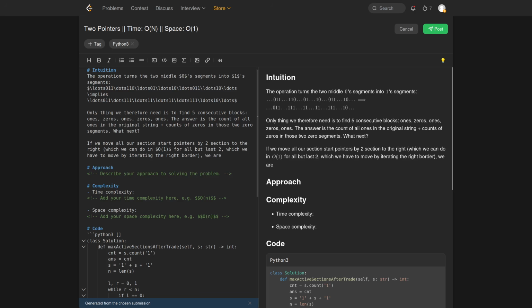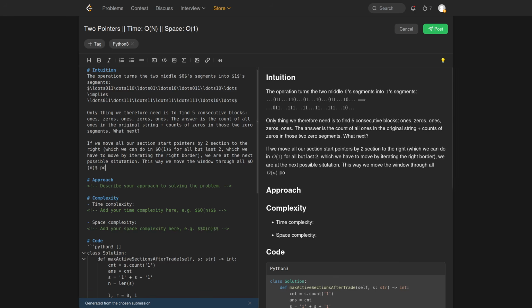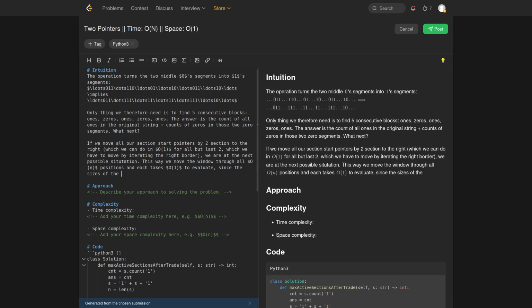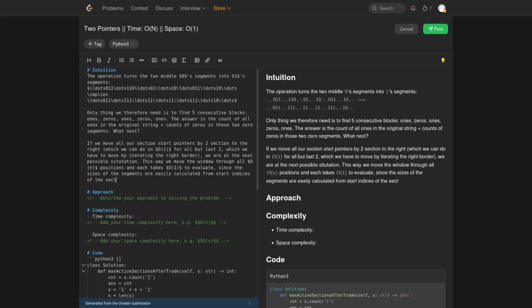We are at the next possible situation. This way we move the window through all n positions and each takes O(1) to evaluate, since the sizes of the segments are easily calculated from the start indices of the sections.